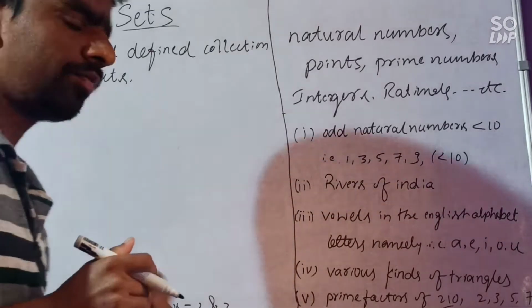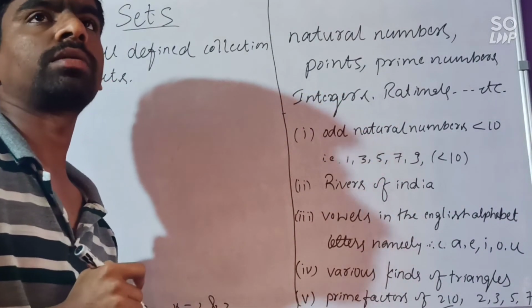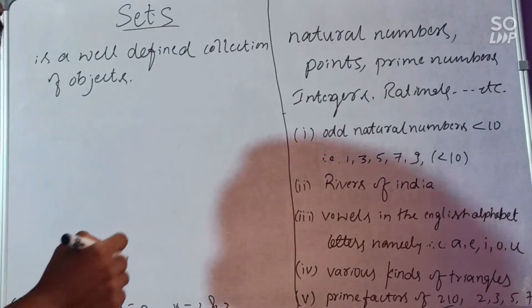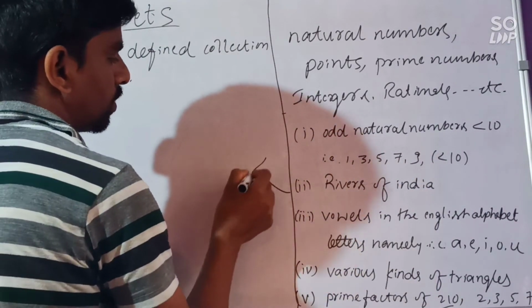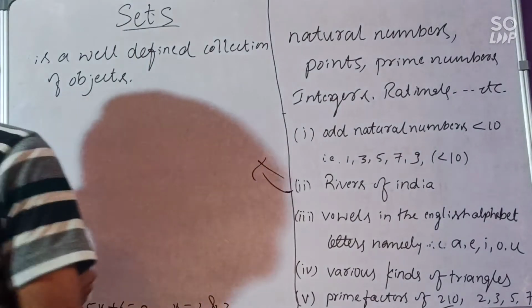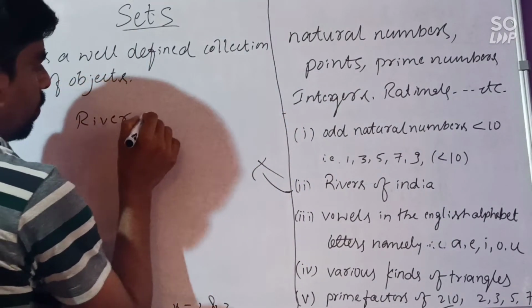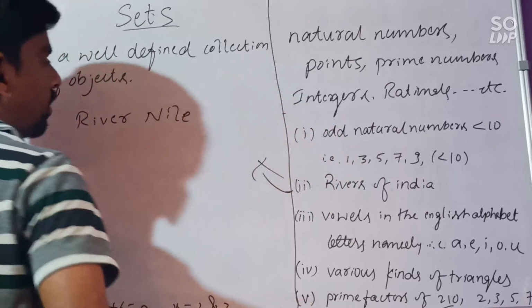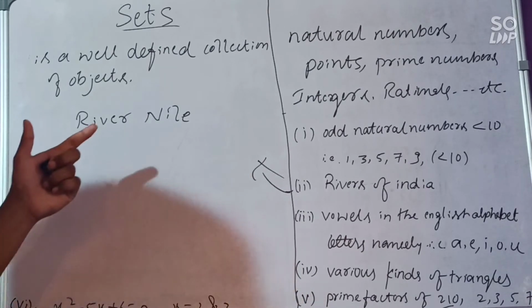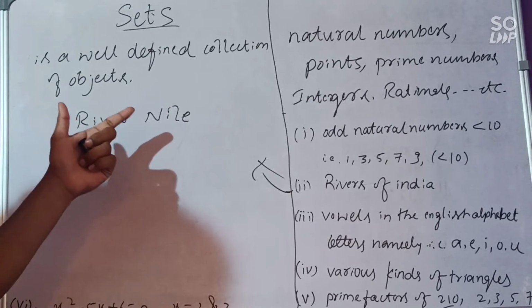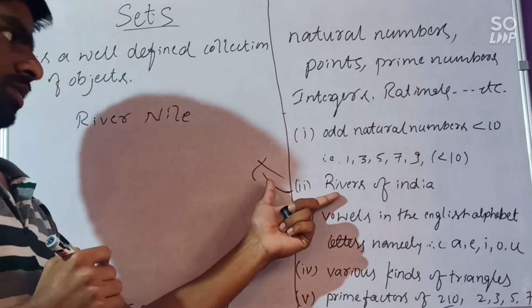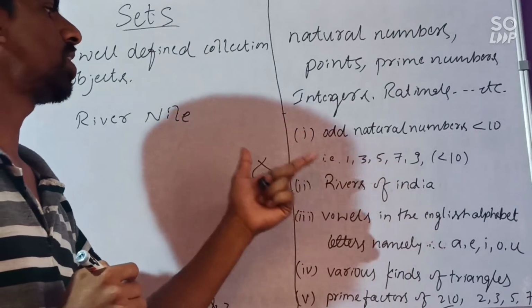We can definitely decide whether a given object, for example the river Nile from the rivers of India, belongs to a collection or not.